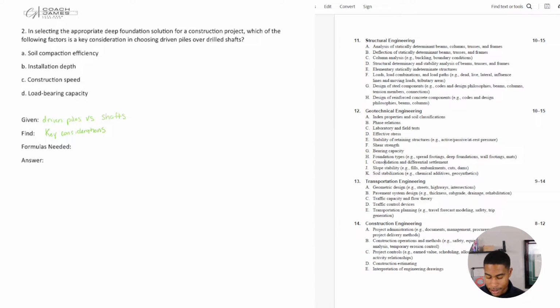Okay, so what are some of the formulas we need? Not applicable. You're going to need prior knowledge though. The prior knowledge you need is what driven piles look like. Driven piles are installed by forcefully driving a steel pile into the ground using an impact hammer or vibratory drivers.